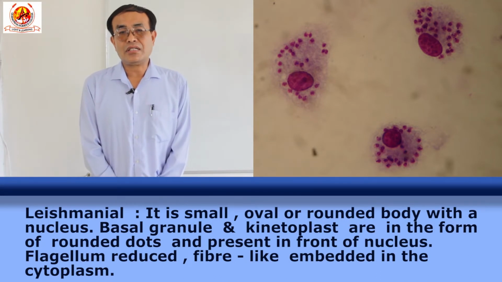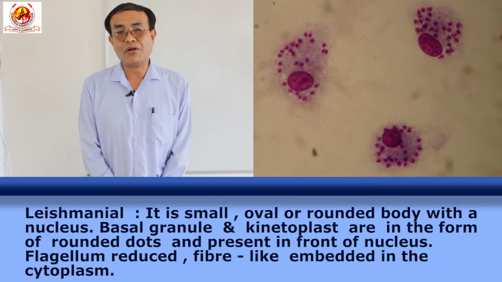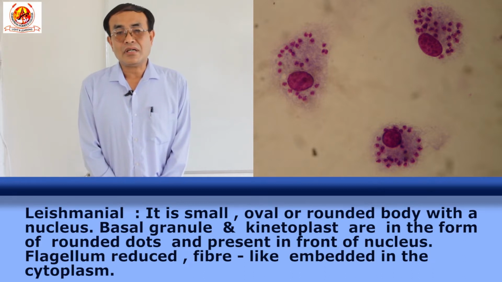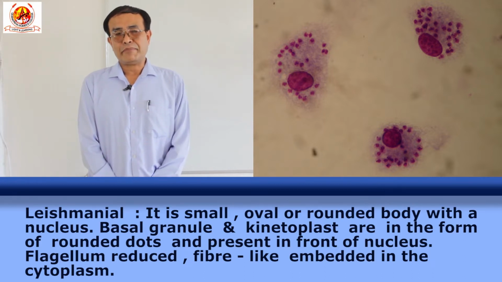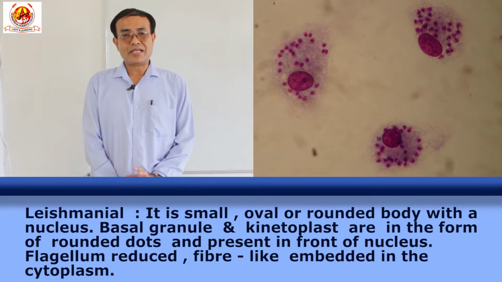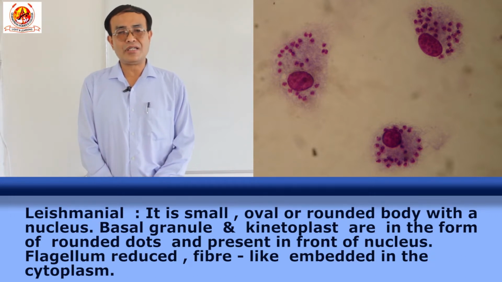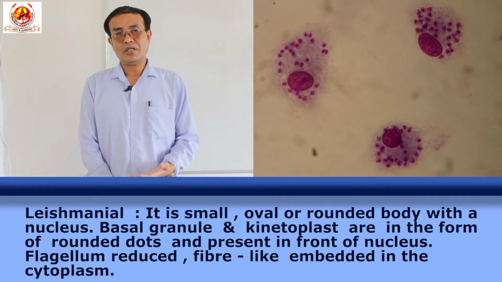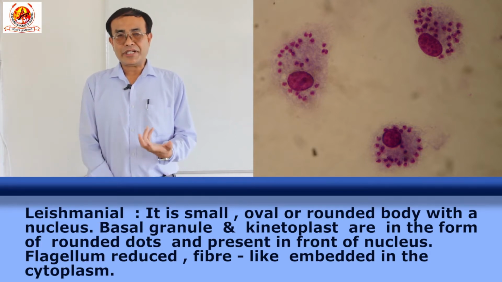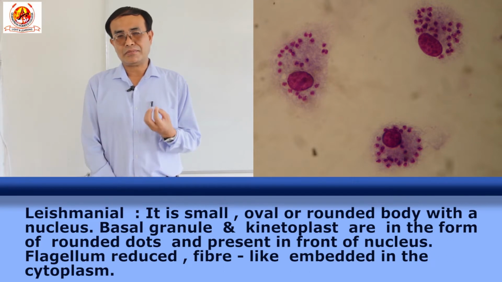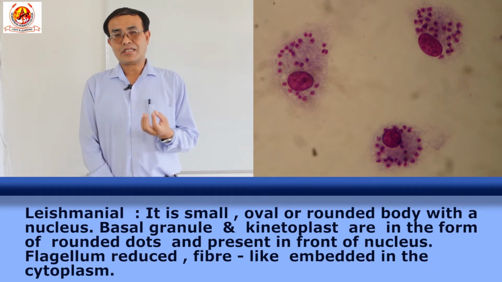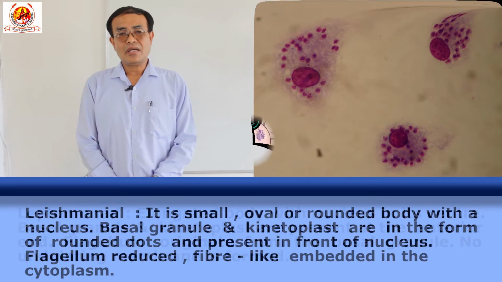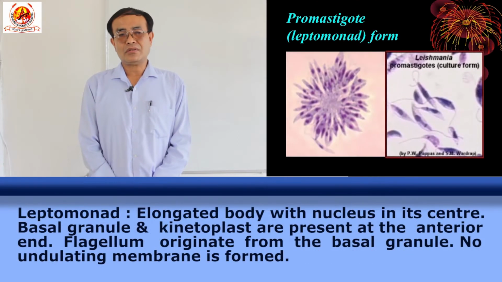The first is the leishmanial or amastigote form. It is an oval or rounded structure having a nucleus at the center, and a basal granule and a kinetoplast located just in front of the nucleus. There is no undulating membrane, and the flagellum is just a fiber-like structure. Then the second one is the promastigote, leptomonad.